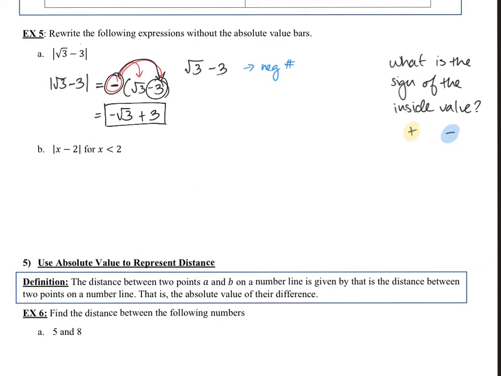We have a variable in this one. We're told that x is less than 2. We don't know what number it is exactly, but we do know that it's less than 2. So let's take a look at the inside, because remember, we're trying to find out what the sign is. This value is less than 2, and I'm subtracting 2 from it.